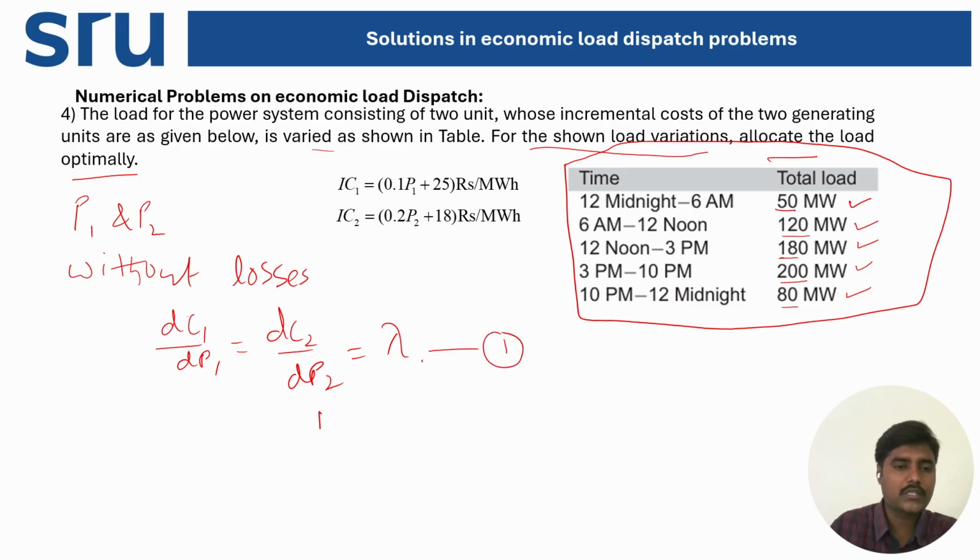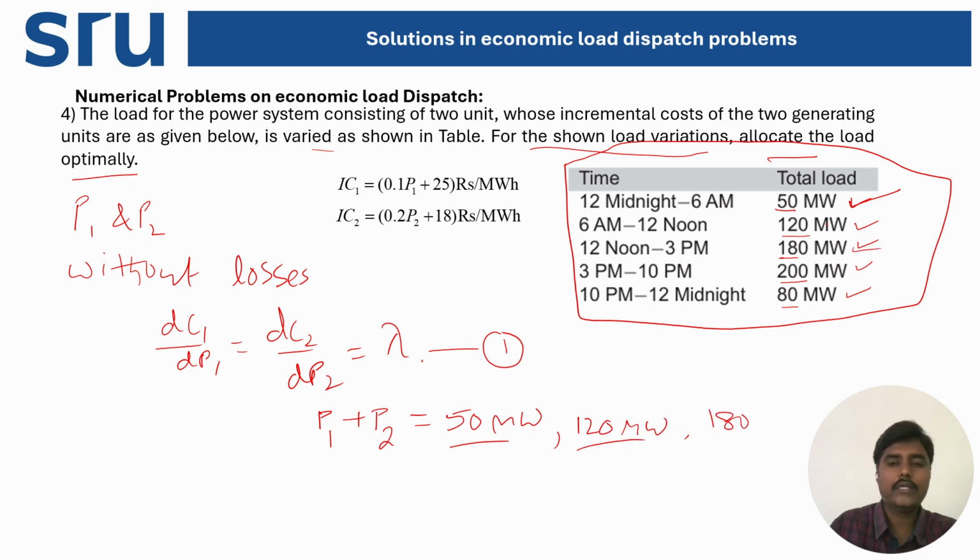Equation 2 is nothing but the total power generation, P1 plus P2 is equal to, if you consider the first case, 50 megawatt. Or else, if you go to the next case, instead of 50, you have to take 120 megawatt. And in the next case, instead of 120, you have to take 180 megawatt. In the next case, instead of 180, you have to take 200 megawatt.